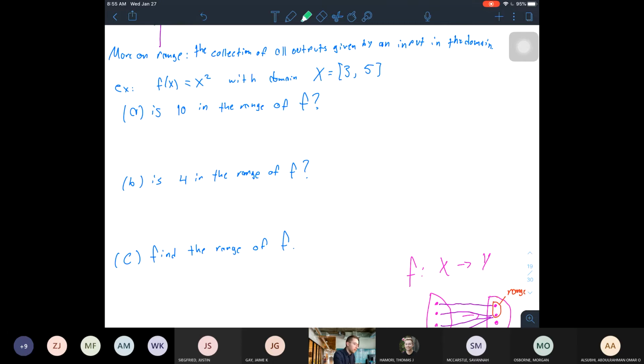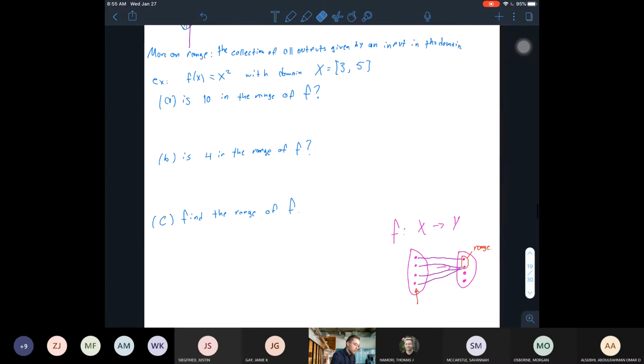So we might have an example like the following. We have some function f of x equals x squared, and they tell us the domain of the function is the set of values which are in between 3 and 5 inclusive.